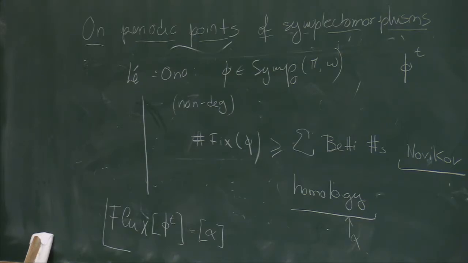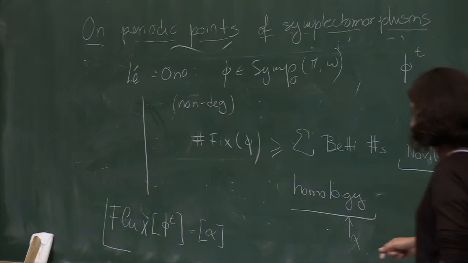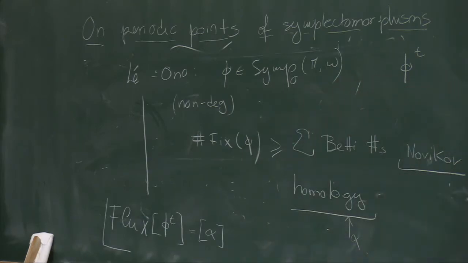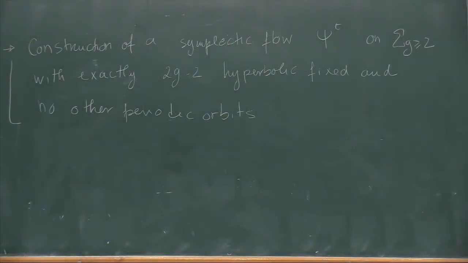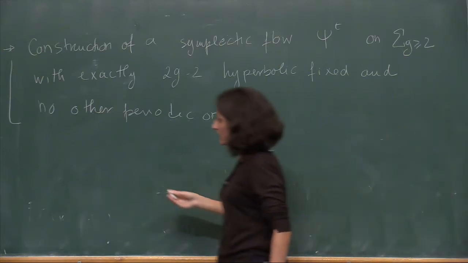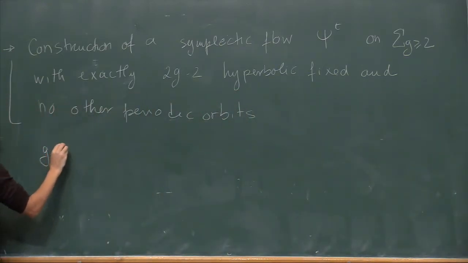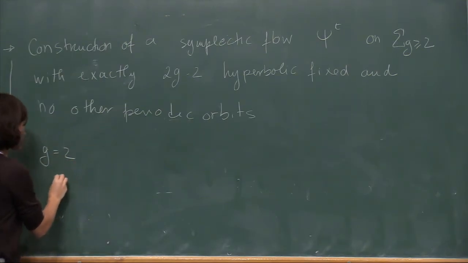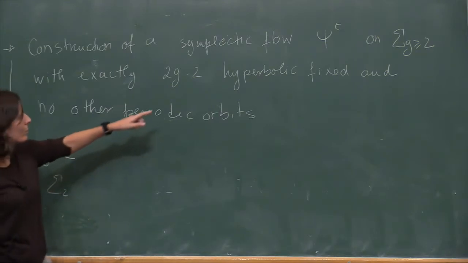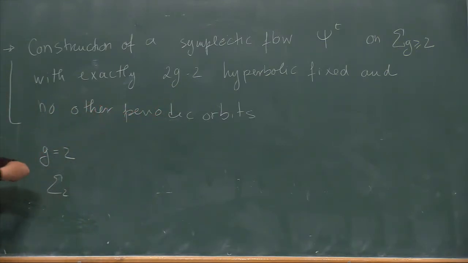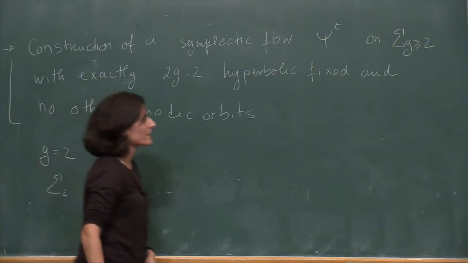So how do I do this construction? I'll start with the case g equal to 2. I want to find a symplectic flow on sigma 2 with exactly 2 hyperbolic fixed points and no other periodic orbits.